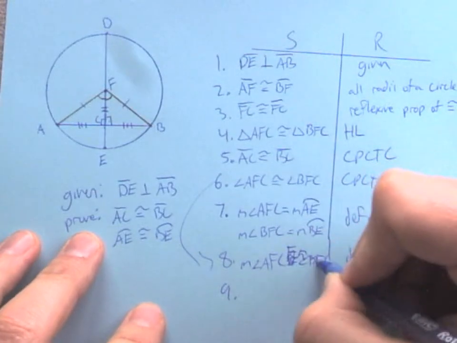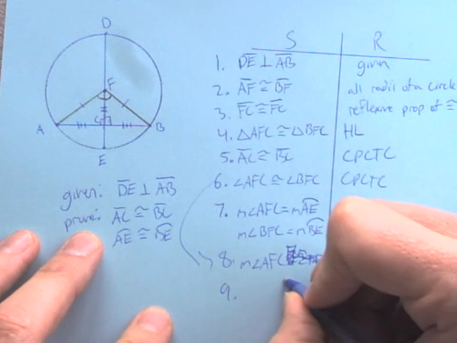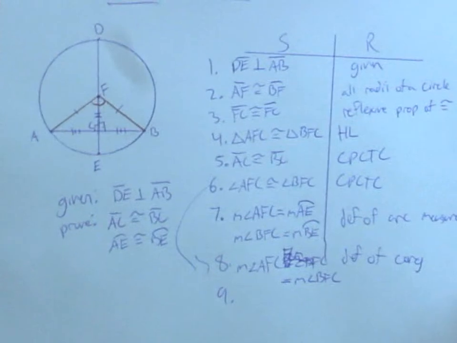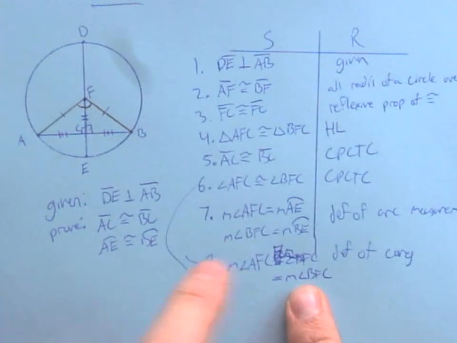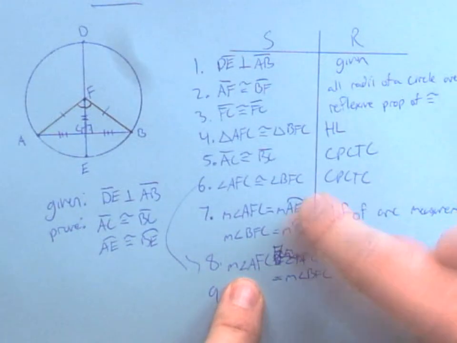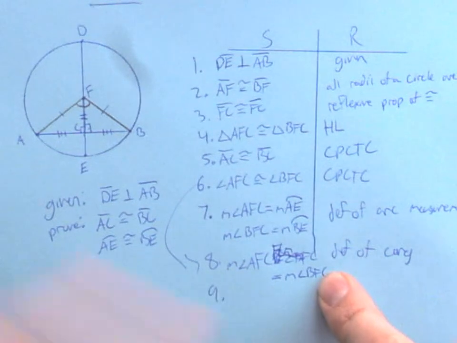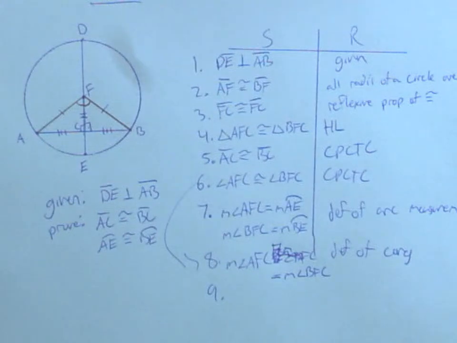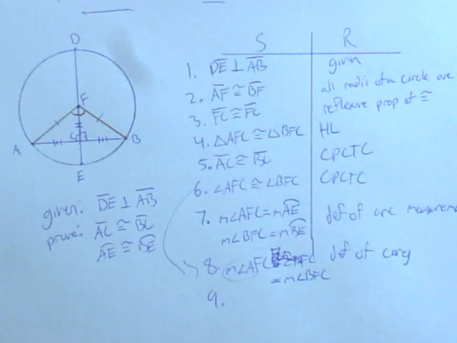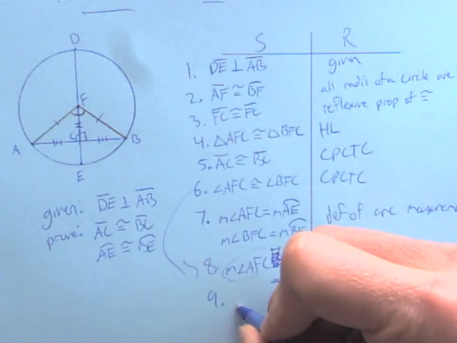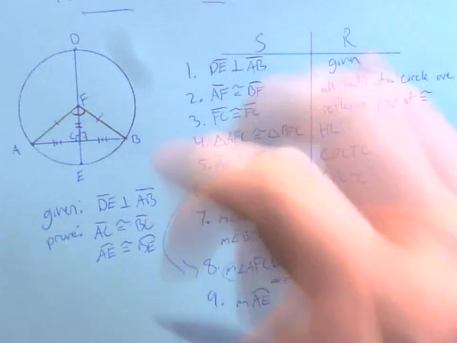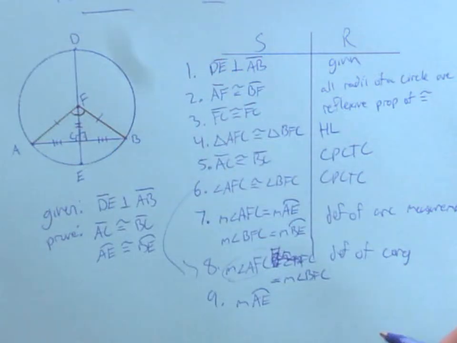Sorry, let me rewrite that whole thing. The measure of angle AFC equals the measure of angle BFC. Now, if that's the case, I can substitute this arc in for that angle and this arc in for that angle, because remember, the measure of the arc is equal to the measure of the central angle. So I'm going to replace the measure of AFC, or AFE, with the measure of arc AE, because this angle and this arc have the same measurement.